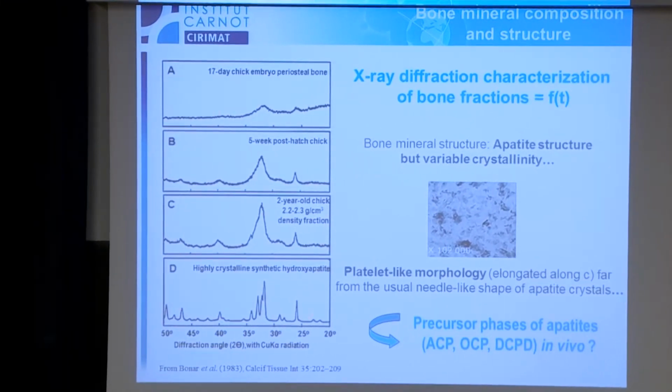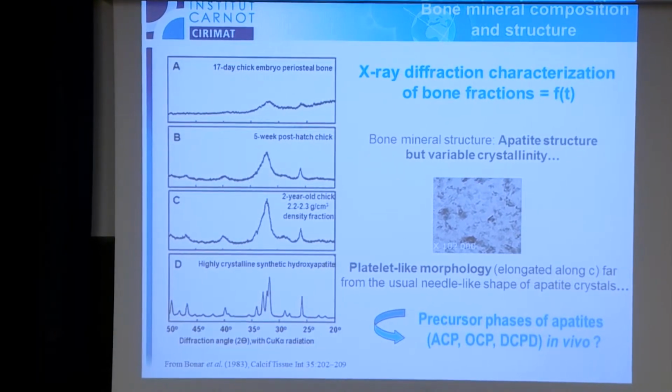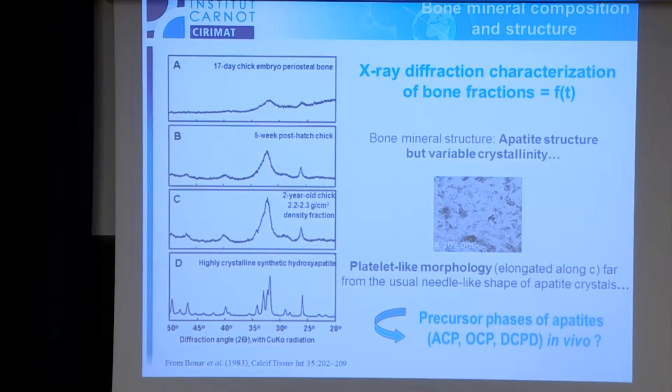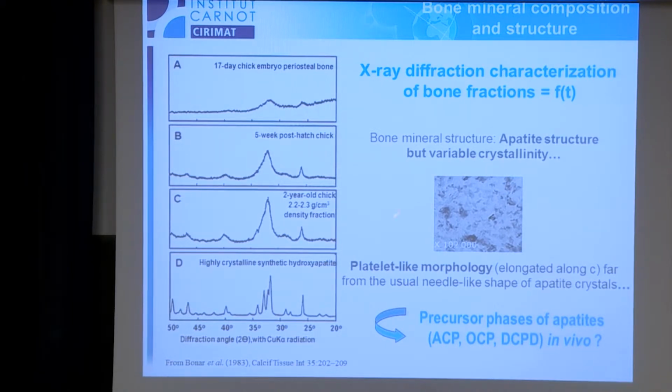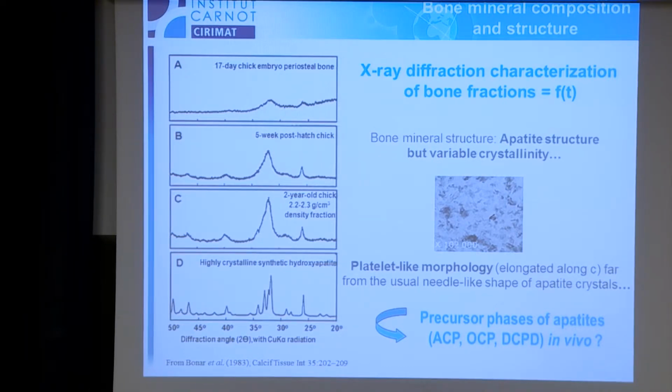The last one is the diagram of synthetic stoichiometric hydroxyapatite. You can see that there is an evolution of the crystallinity of the apatite during aging. In all cases we have the apatite structure, but with variable crystallinity.